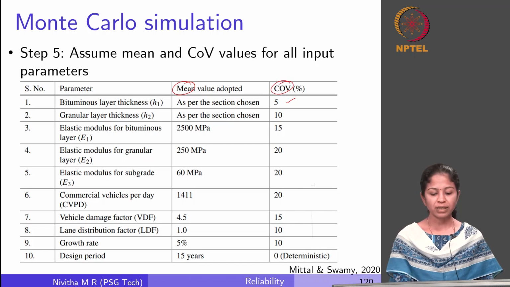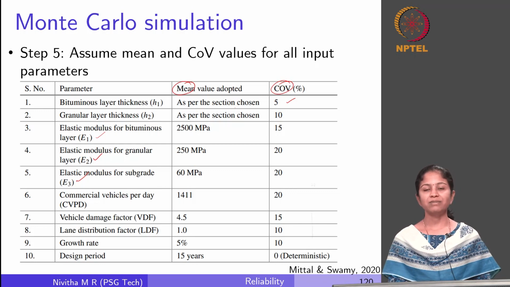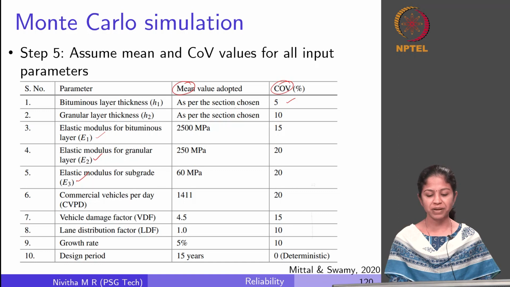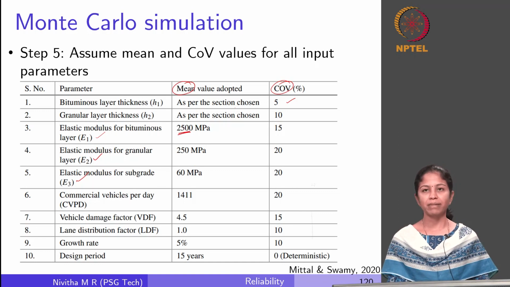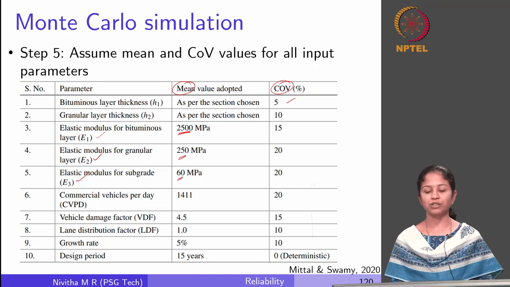Similarly, for the granular layer thickness, elastic modulus of bituminous layer, elastic modulus for granular layer, and subgrade. For these three modulus values, the mean value is directly specified. It is assumed to be 2500 megapascal for E1, 250 megapascal for E2, 60 megapascal for E3. The values are assumed here.